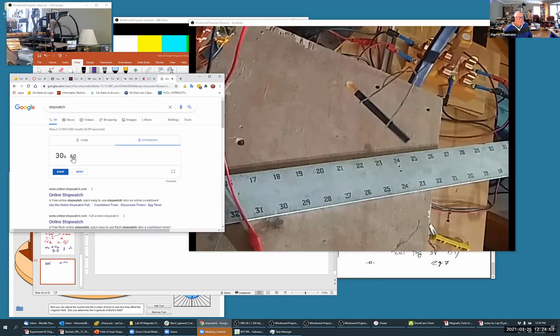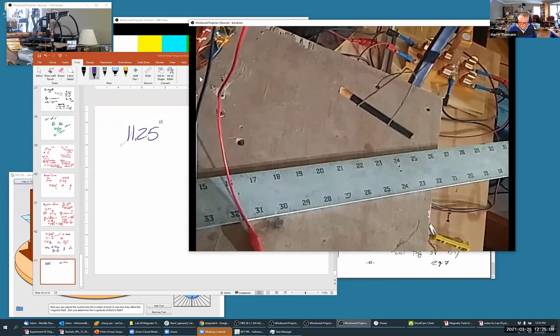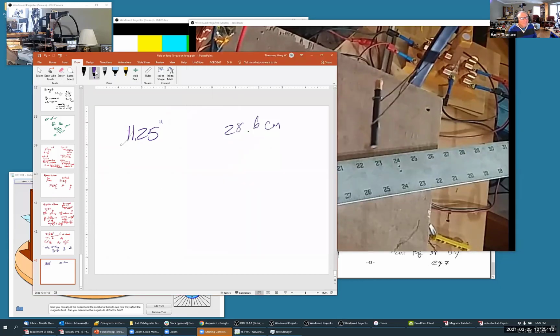And what are these, 60ths? No, hundredths. Okay, 30.6 seconds for 10 periods.